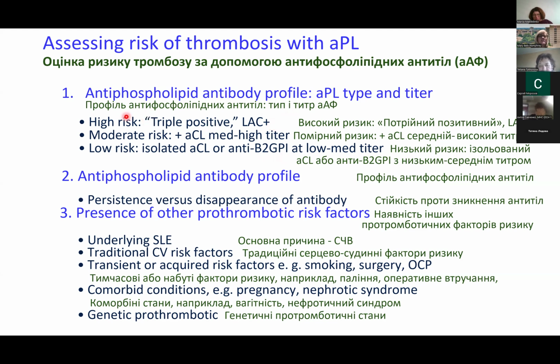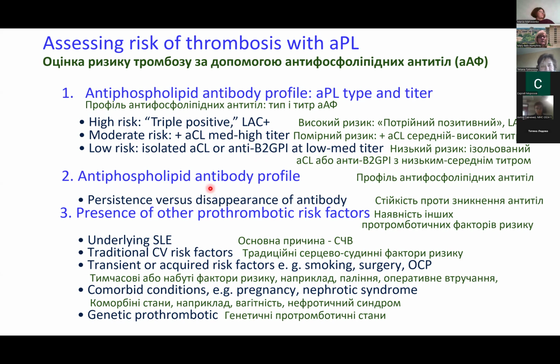These patients have the very highest risk of having clotting, so they're going to be more likely to clot than that 2% a year. The moderate risk patients have an anti-cardiolipin antibody that's medium or high titer. The low risk patients have one antibody, and it can be either an anti-cardiolipin antibody or anti-beta-2-glycoprotein, but they're at the low moderate titer, so not at the real high titer.